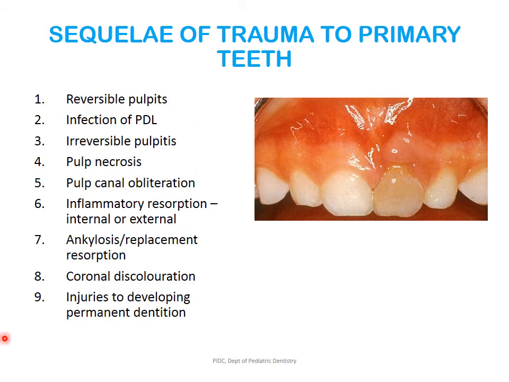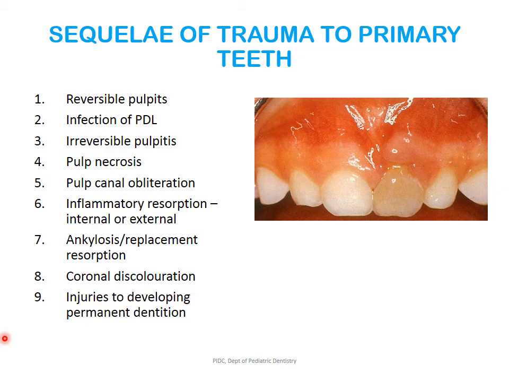Either reversible pulpitis or irreversible pulpitis that we can see. Any infection to the periodontal ligaments can occur, or pulpal necrosis. Sometimes we can even see pulp canal obliteration, inflammatory resorption, which may be external or internal type. Ankylosis or replacement resorption can be seen.